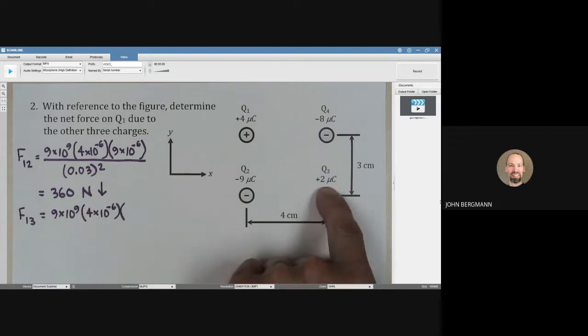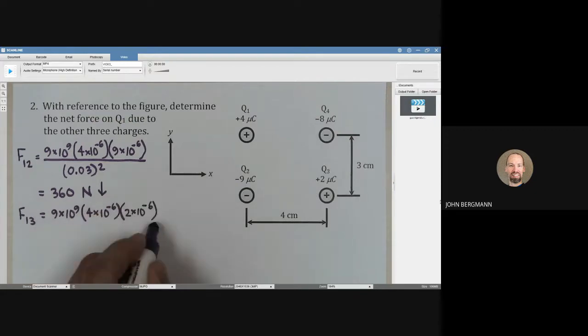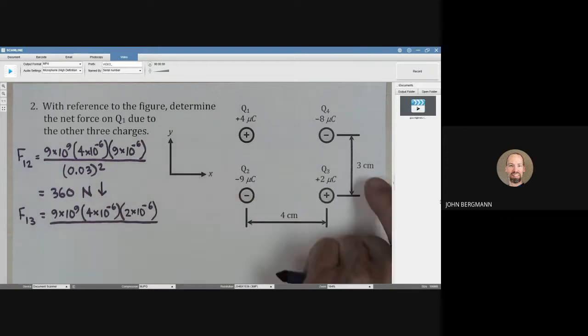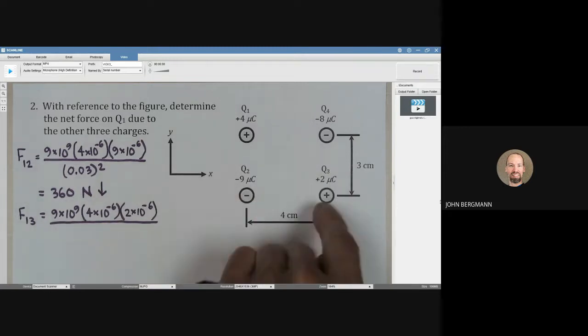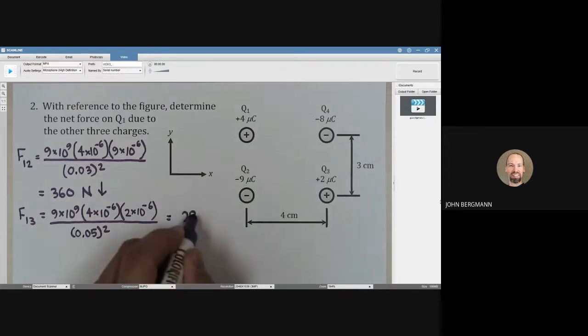It's 2 microcoulombs, 2 times 10 to the negative 6th. And what's the separation between those? Well, this is the hypotenuse of a 3, 4, 5 right triangle. So the distance between those is 0.05, and remember to square that denominator. When you get that answer, it comes out to be 28.8 newtons.